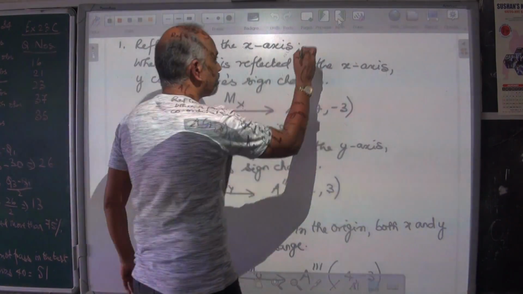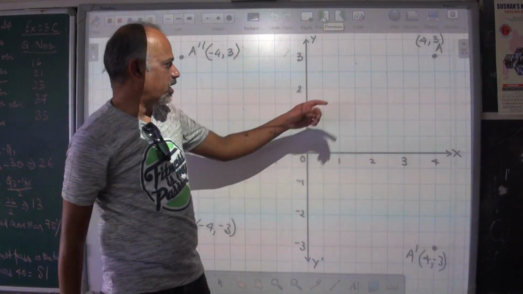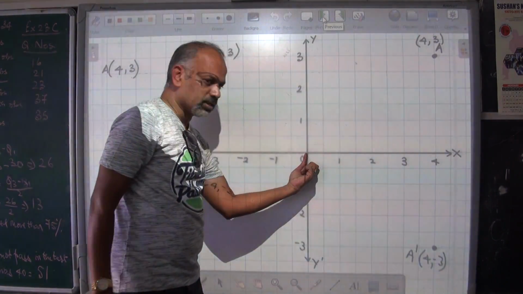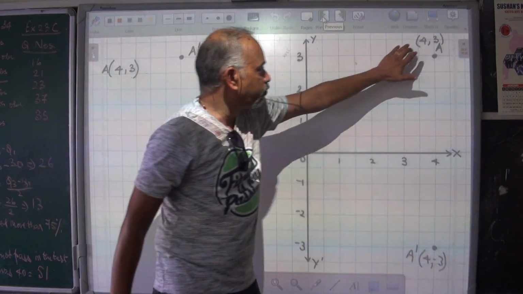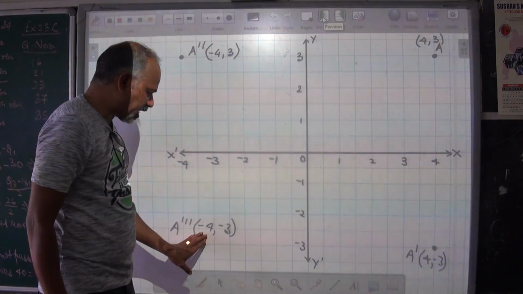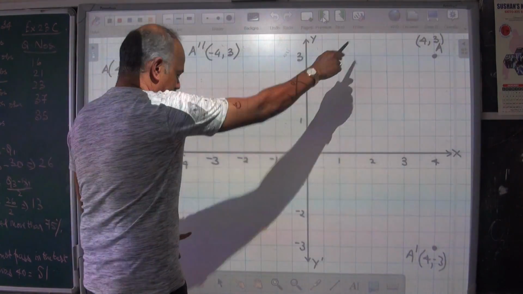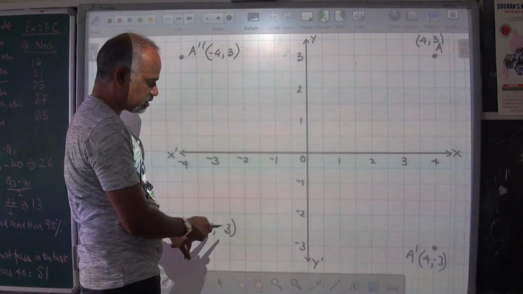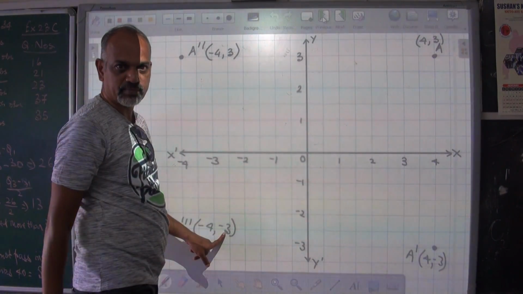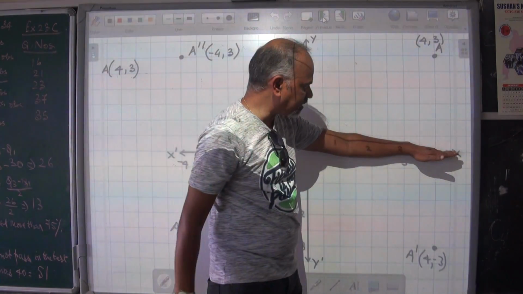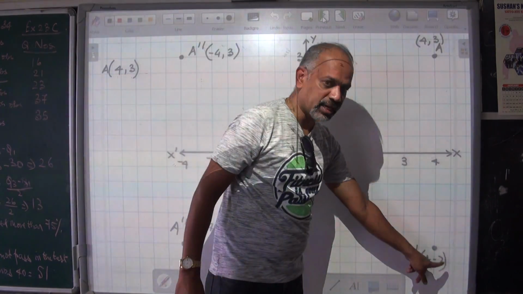And the third one, we reflected A in the origin and we got A triple dash. Look at the change. 4, 3 has become -4, -3. 4 has become -4, the sign has changed. 3 has become -3, that sign also has changed. When you reflect on the x-axis, only the y coordinate sign changes.